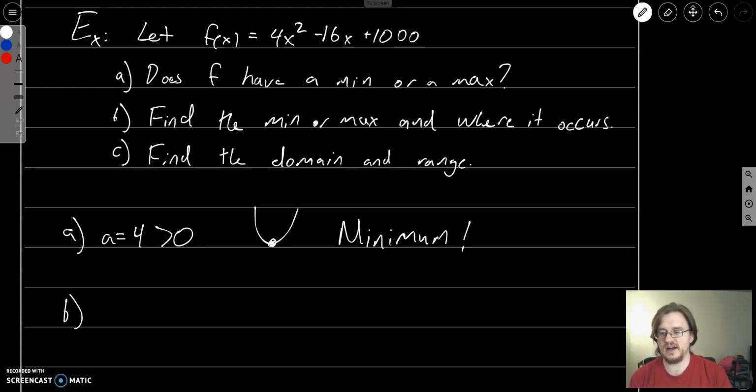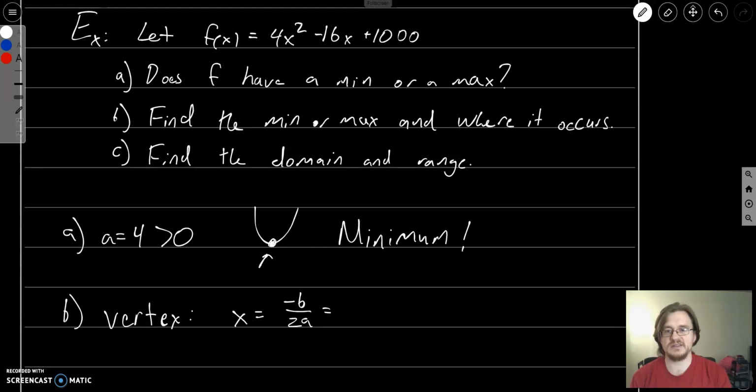Let's find the minimum or maximum and where it occurs. So again, the vertex is where the minimum is. So to find the vertex, we have our formula. The x value, so where it happens, is going to be at negative b over 2a.